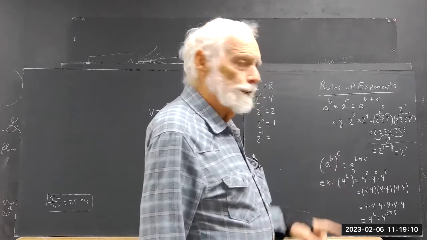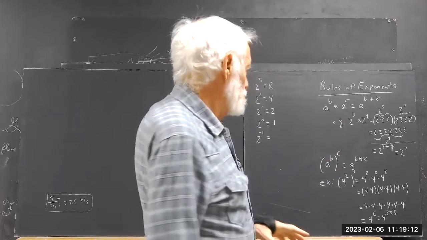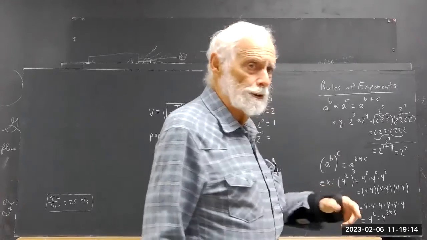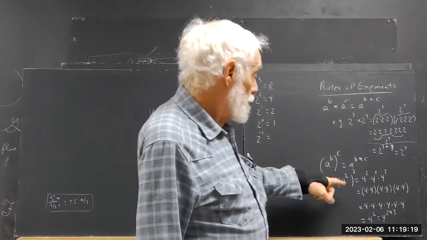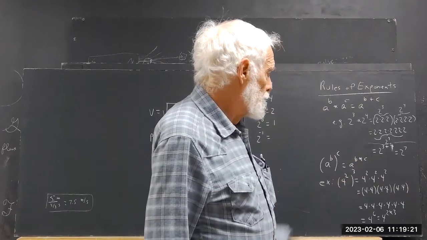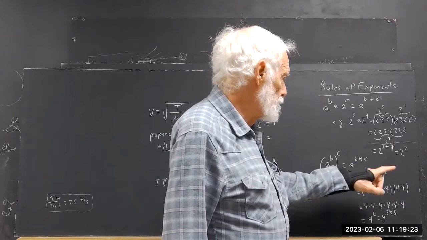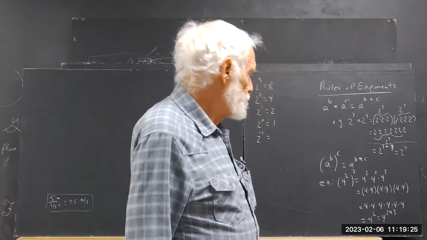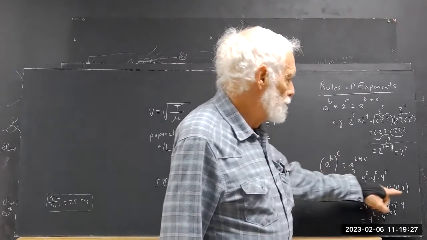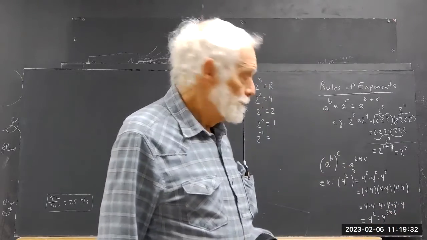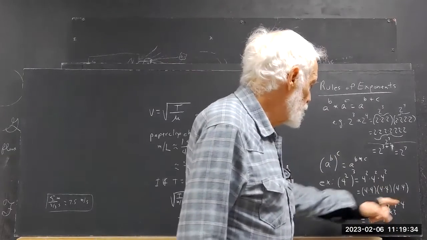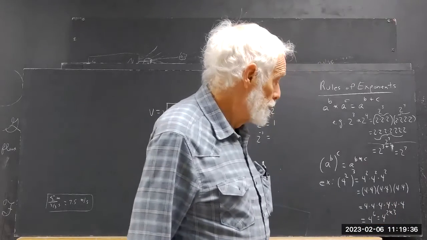To illustrate that, you'll see a more extensive explanation in the open math videos and in the text. But 4 squared raised to the third power means 4 squared times 4 squared times 4 squared. And 4 squared is 4 times 4, so we got 3 groups, each with 2 4s in it, which gives us a total of 6 4s, and of course we can write it out that way.